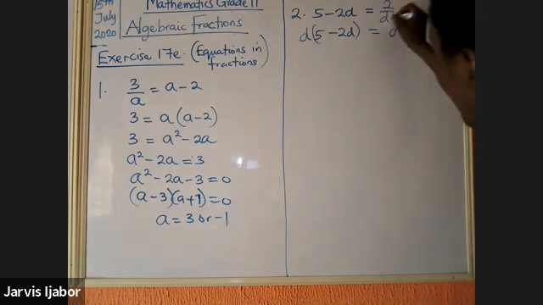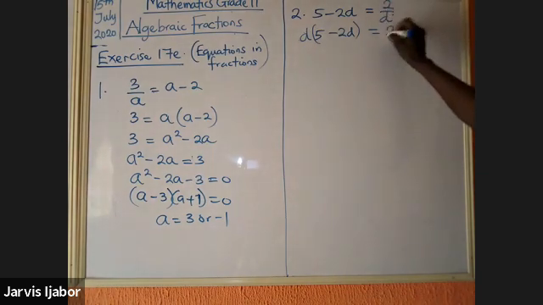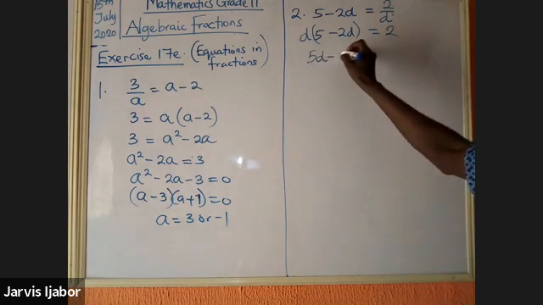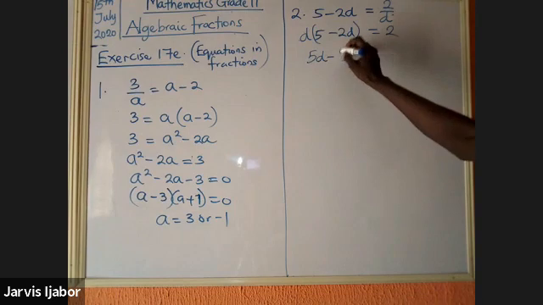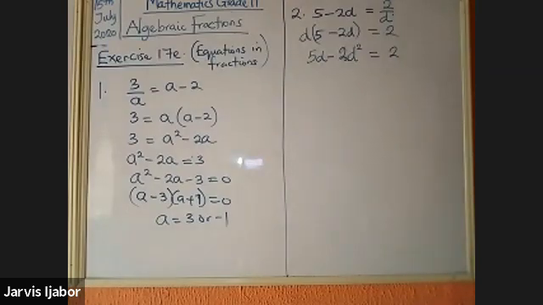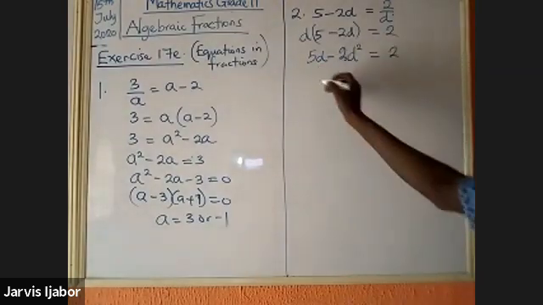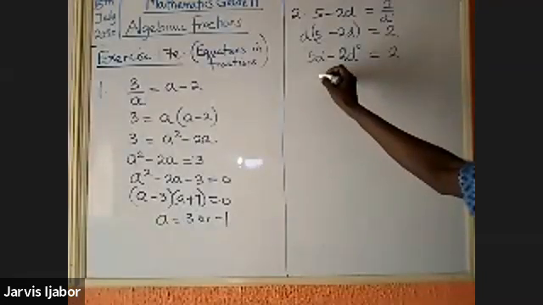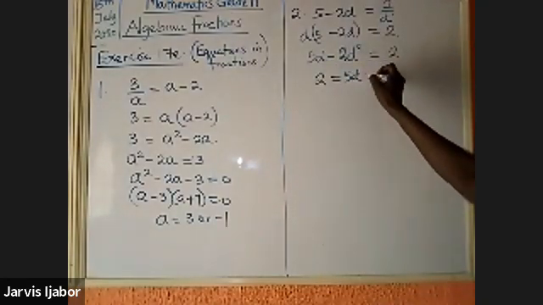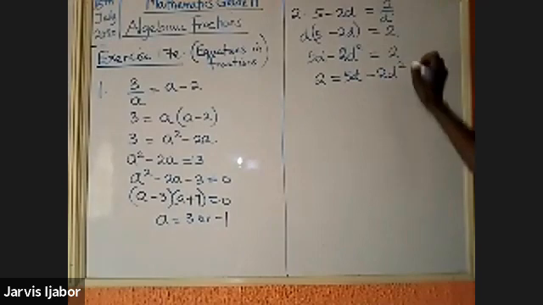That will give me 5d minus 2d squared equal to 2. So what I'll do is move all of this, and let me rewrite that. That will be 2 equal to 5d minus 2d squared.